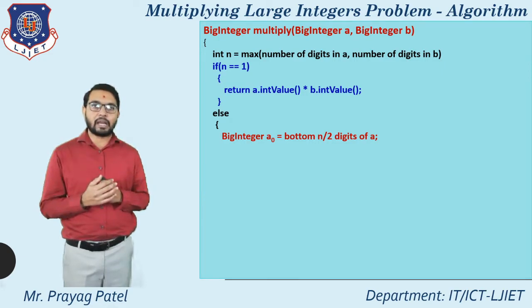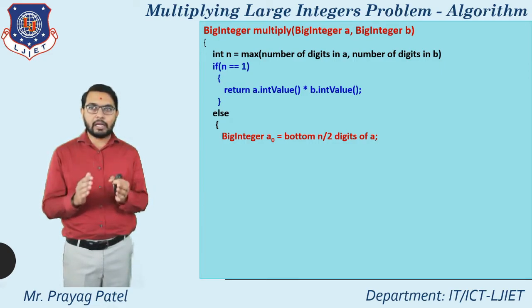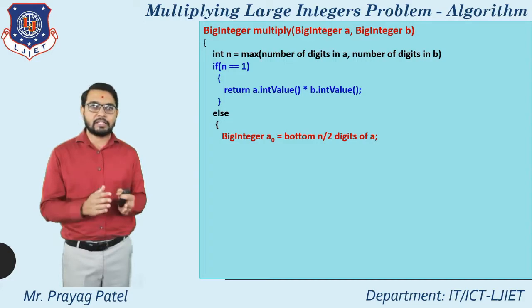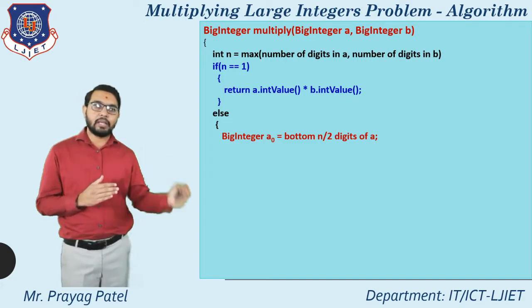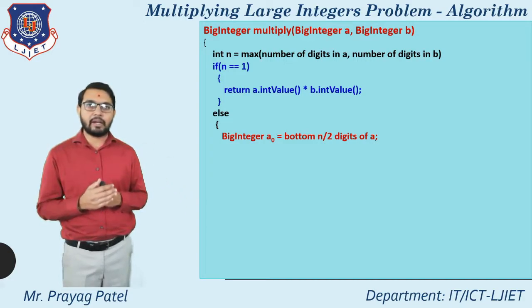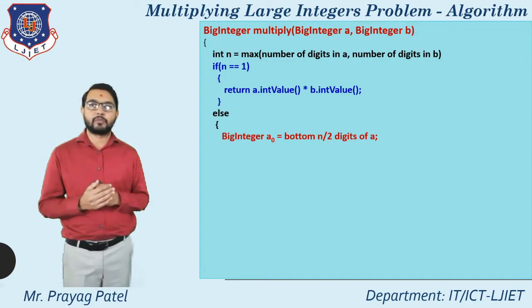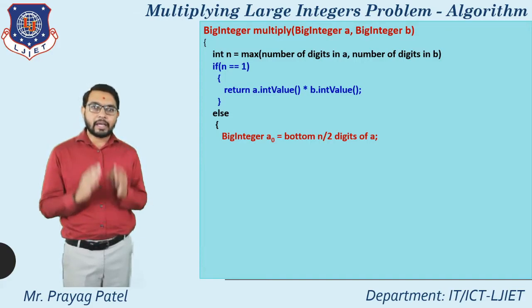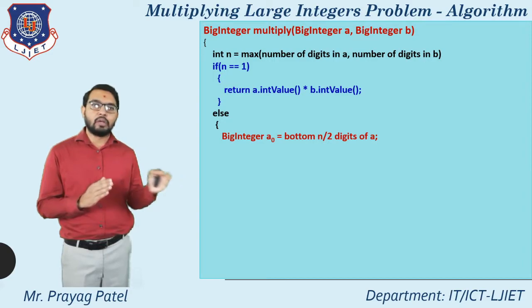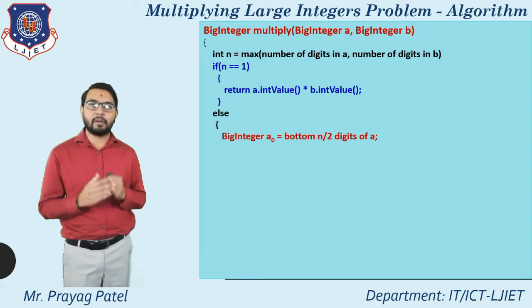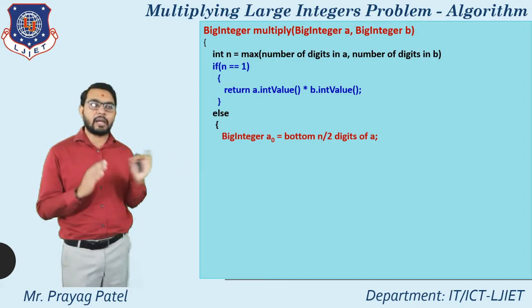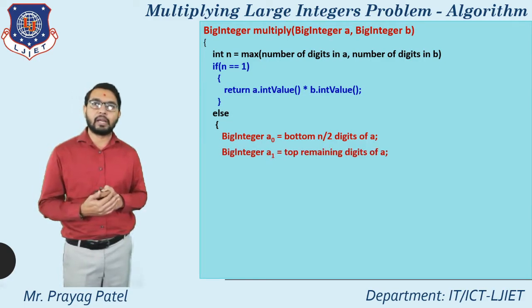Given number a is divided into two subproblems a0 and a1, and the second number b is divided into b0 and b1. So what is a0? a0 means the last n by 2 digits of number a, the bottom n by 2 digits.